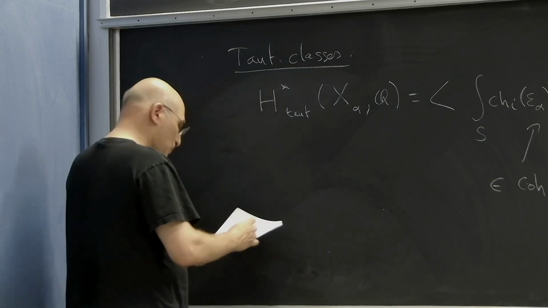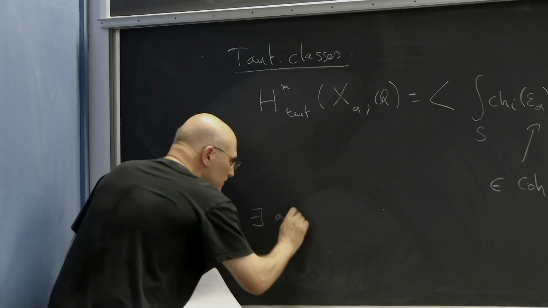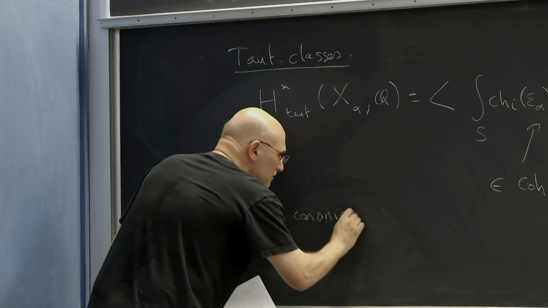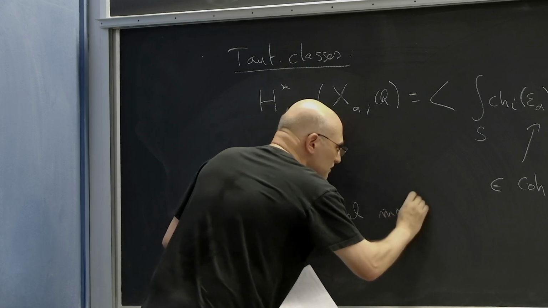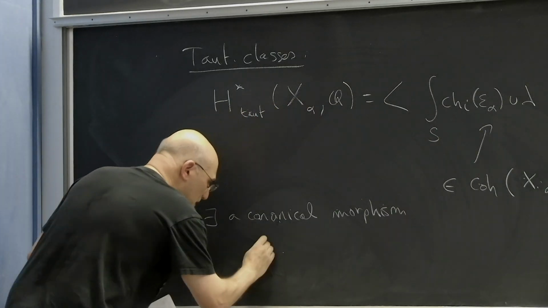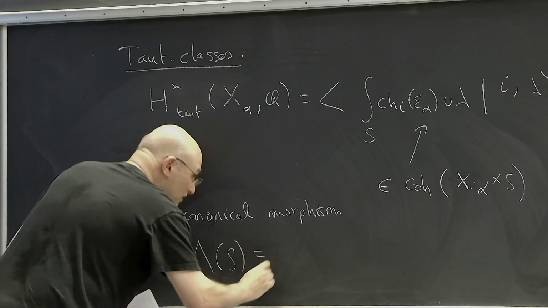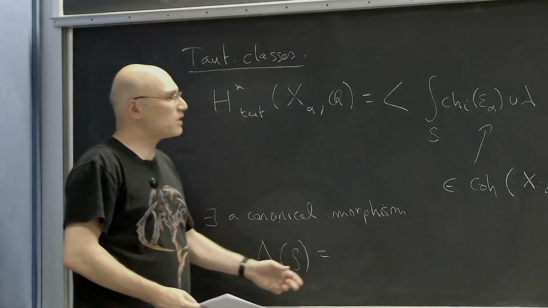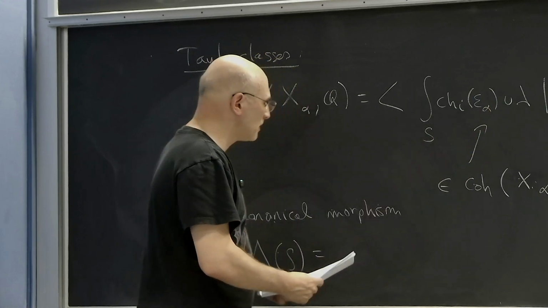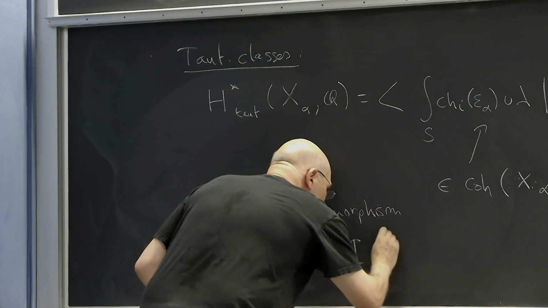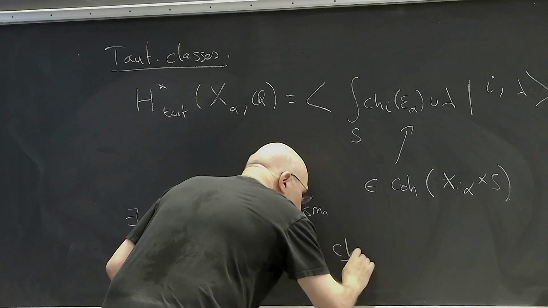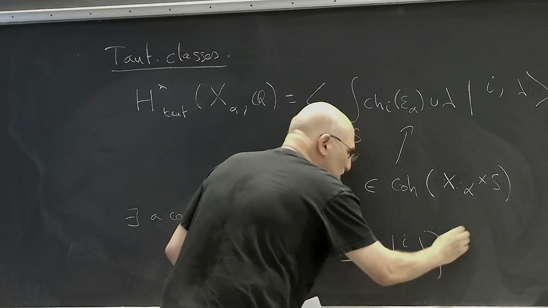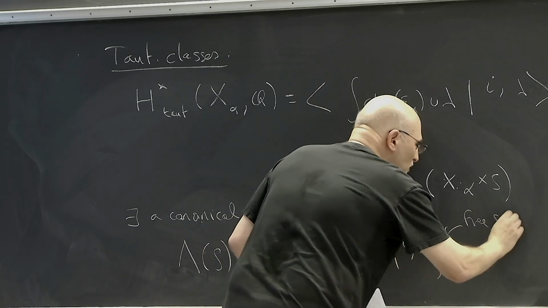And so there exists a canonical morphism from something that we call lambda S. This is just a universal, free supercommutative polynomial algebra generated by symbols, say, ch_i(lambda) for all i and lambda.